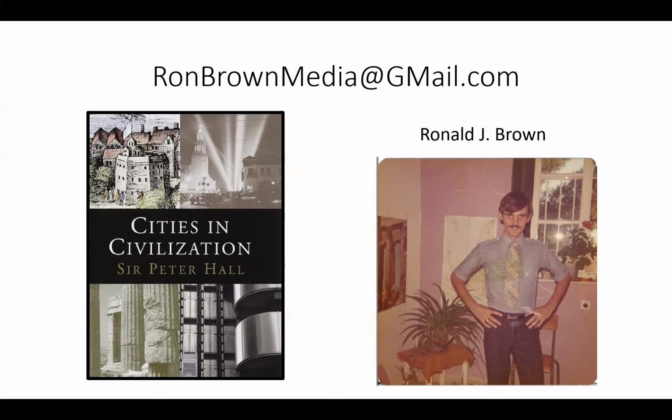Great book on cities and civilization. It is in the cities that these various Jewish groups have been able to discover and preserve their cultures.